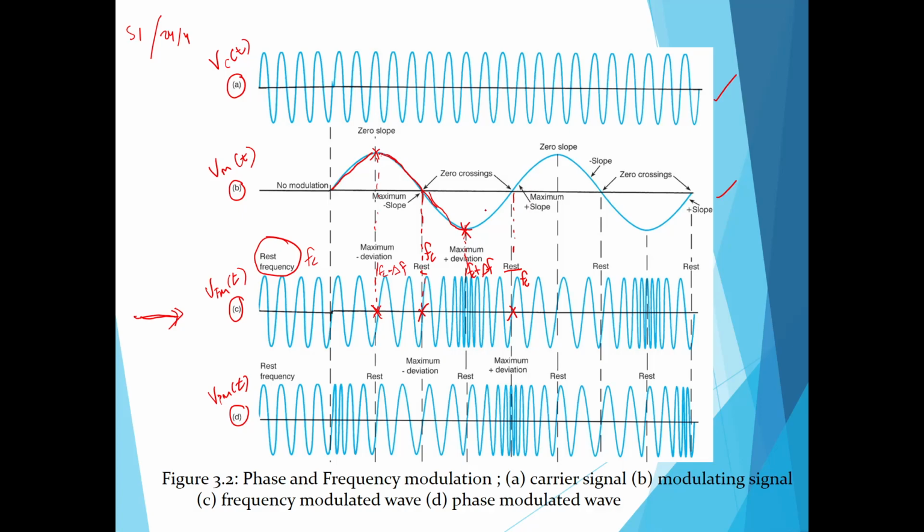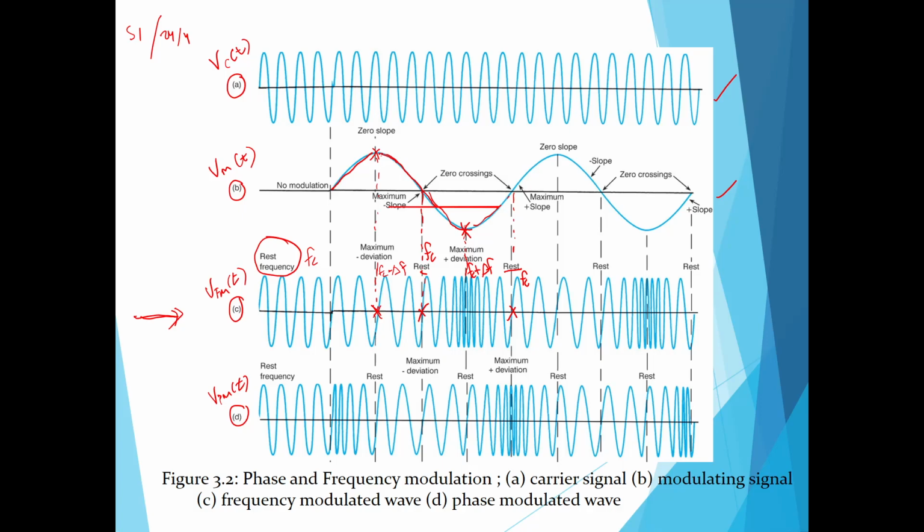and so on. Okay, dan seterusnya lah. So you see that for frequency modulation, for VFMT, the critical changes happen when the modulating signal achieves the maximum peak amplitude positive or maximum negative peak amplitude.